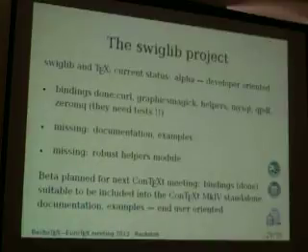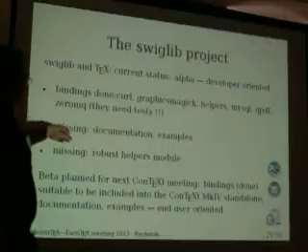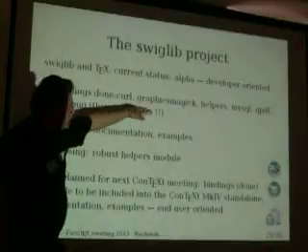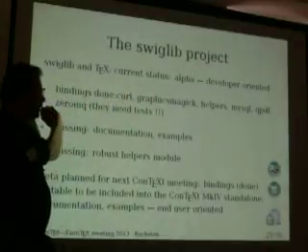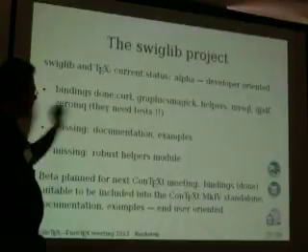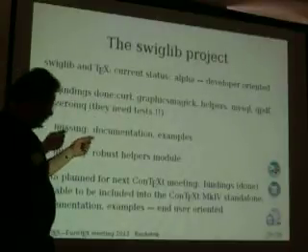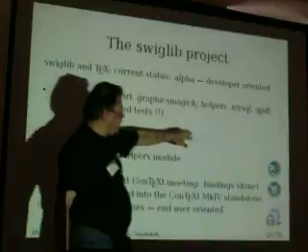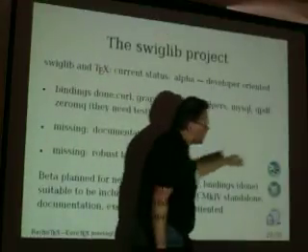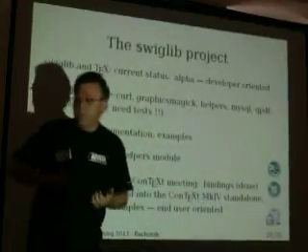Okay, this is the current status. I think you can call it alpha status because it's oriented to developers. I have done this kind of binding for cURL, GraphicsMagick, a few other libraries, MySQL, QPDF, which is a C++ library with a C layer.